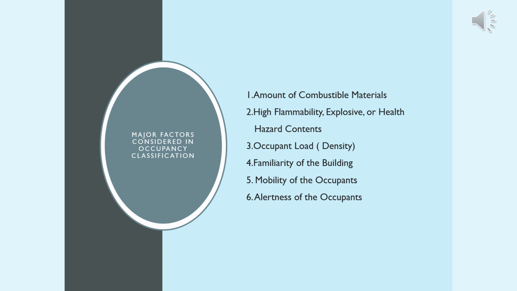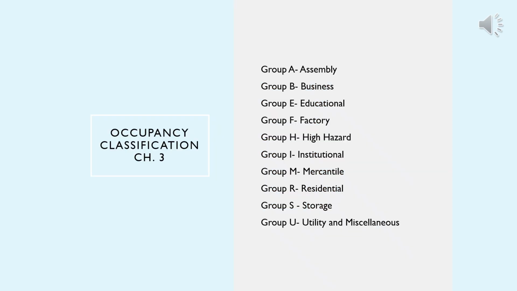All these are critical factors to be considered in occupancy classification. Each classification as listed in the IBC will also have sub-classifications in some cases. So we're going to take a little bit of time and go through each one of these one at a time.